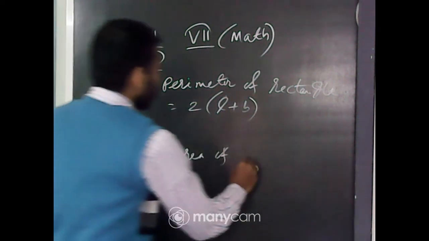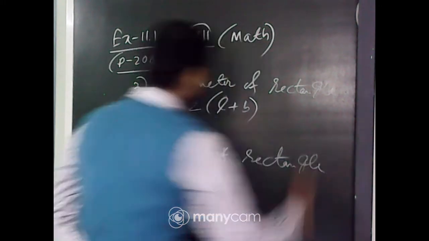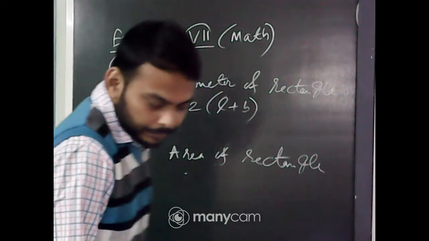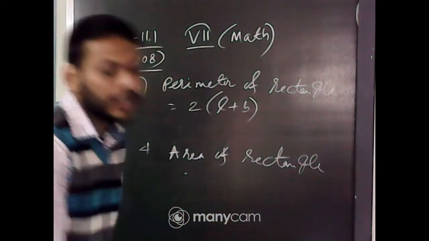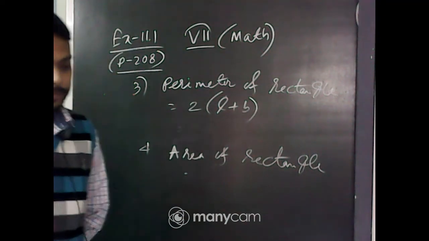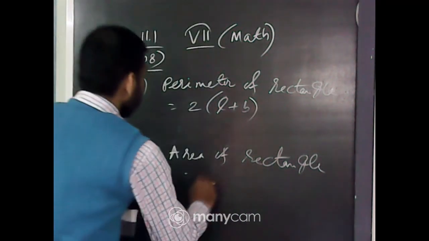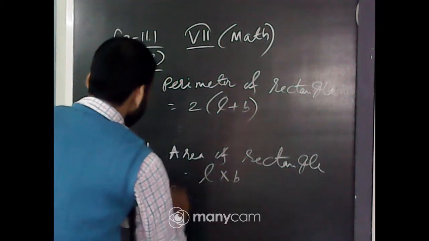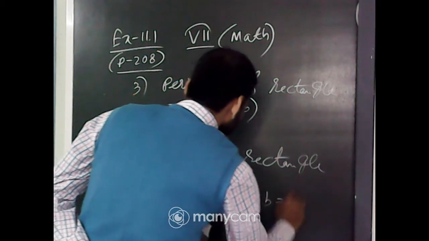And area of rectangle, tell me, area of rectangle. Aditya, very nice. L into B, very good. Where L is the length, B is the breadth.